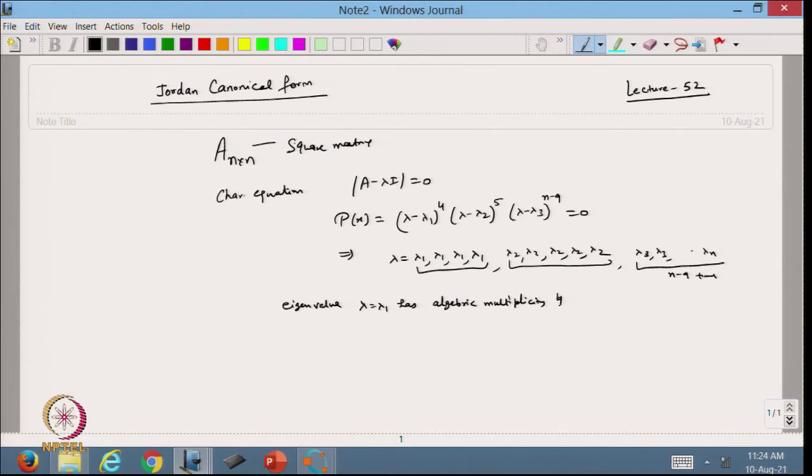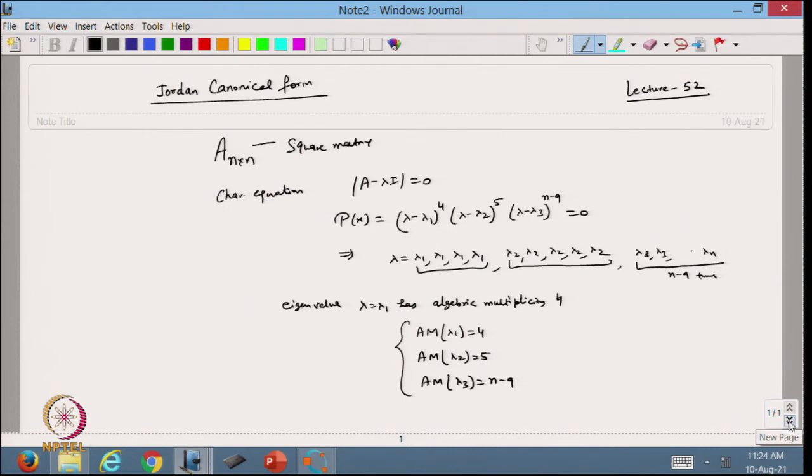In short form, the algebraic multiplicity of lambda 1 is 4. Similarly, the algebraic multiplicity of lambda 2 is 5, and the algebraic multiplicity of lambda 3 is n minus 9. So, this is how we write the algebraic multiplicity.